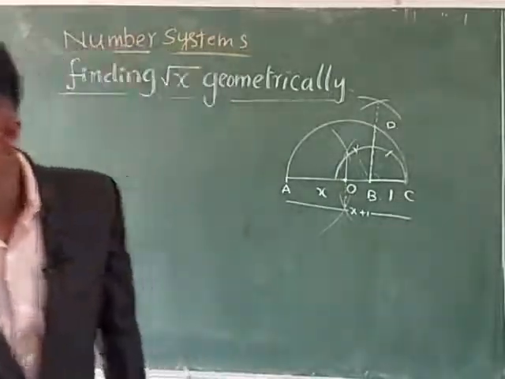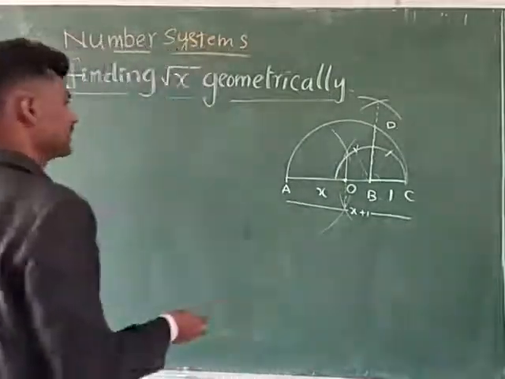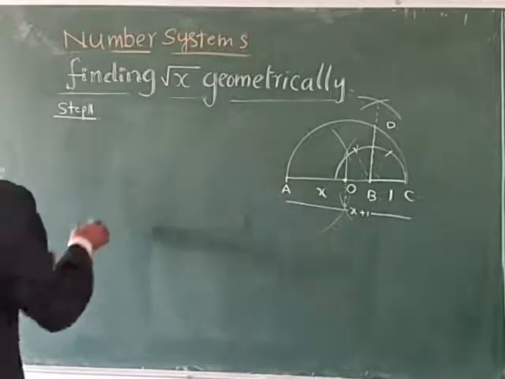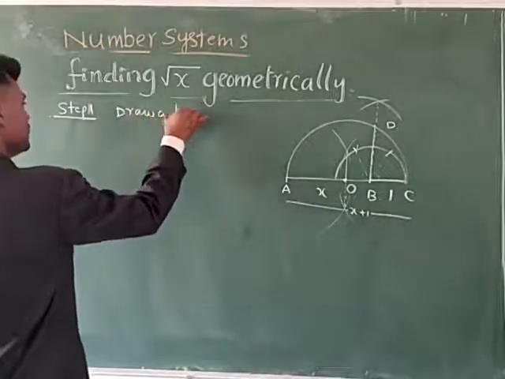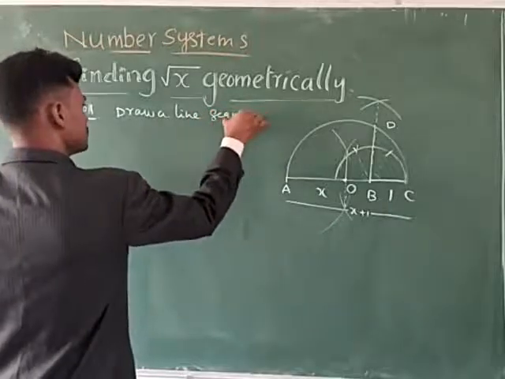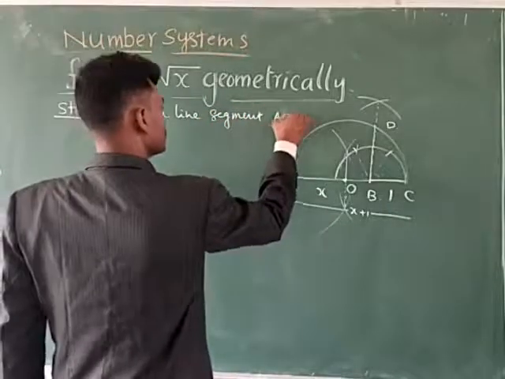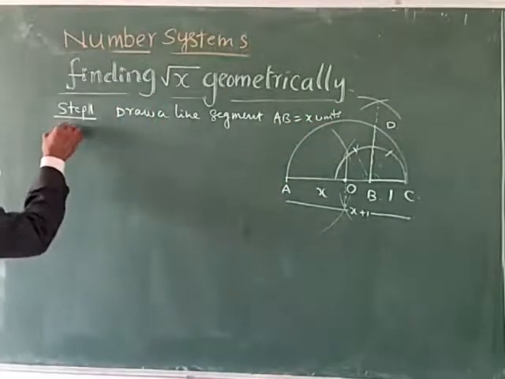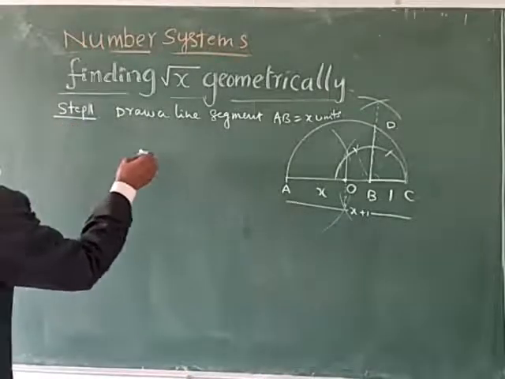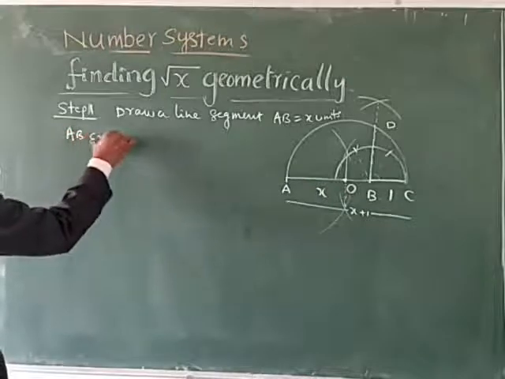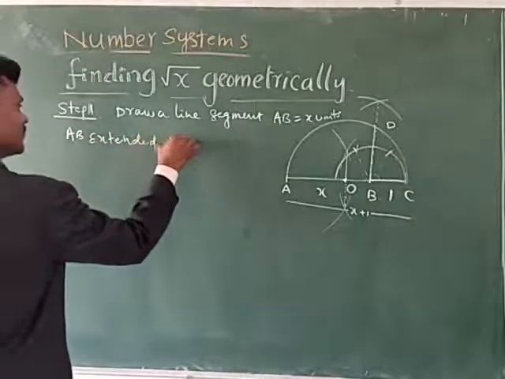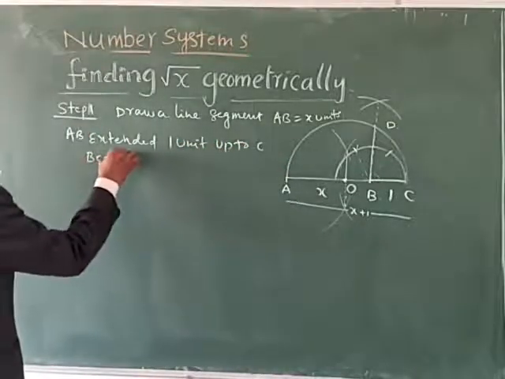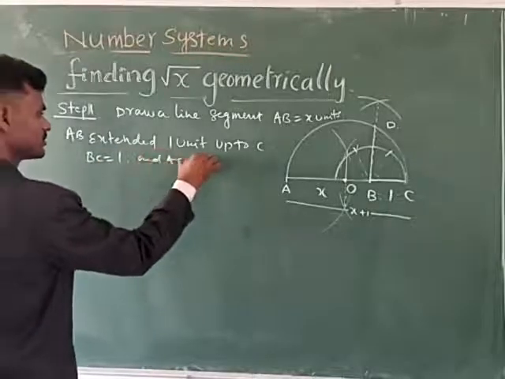Now see here, I will write the steps. Step 1: draw a line segment AB equal to x units. Now extend AB by 1 unit up to C. Now BC is equal to 1 and AC is equal to x plus 1.